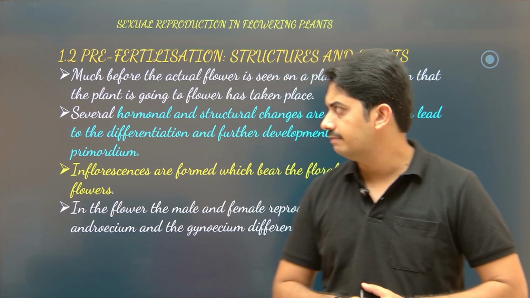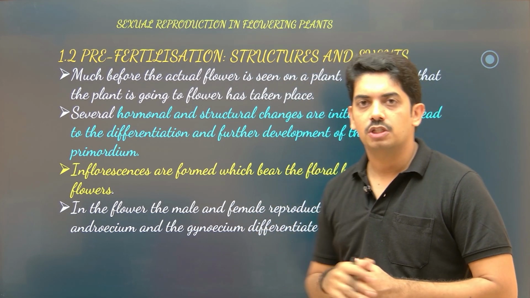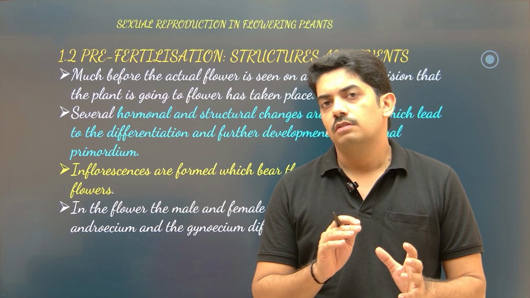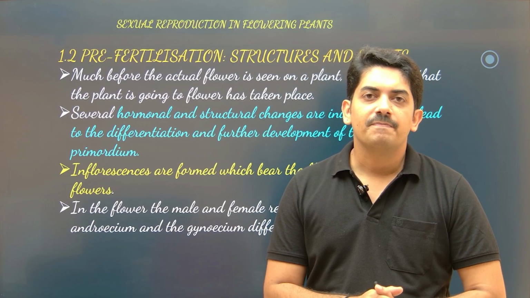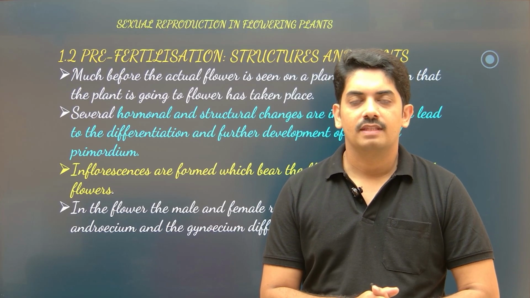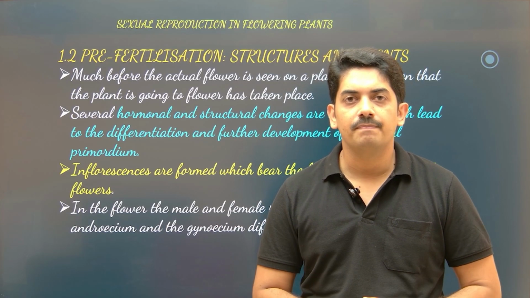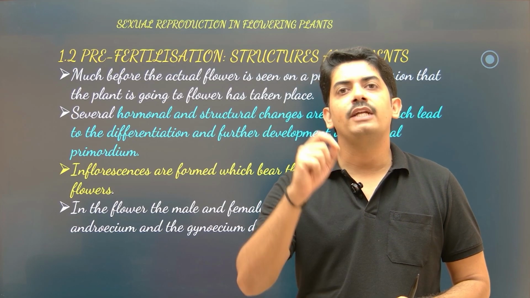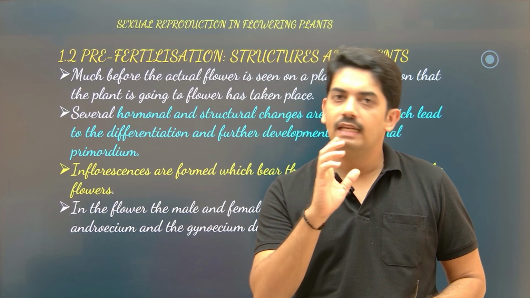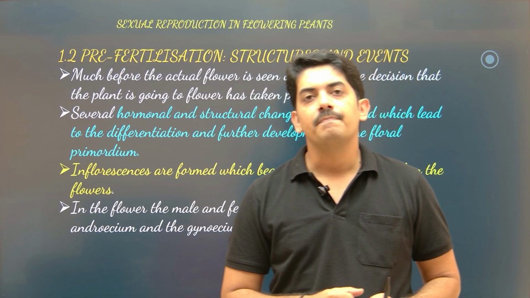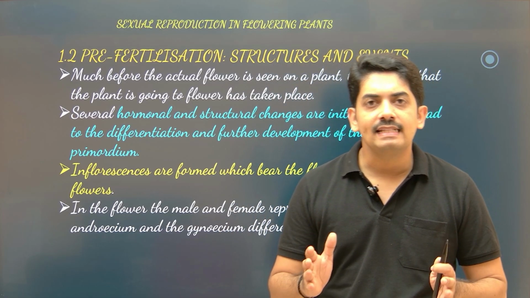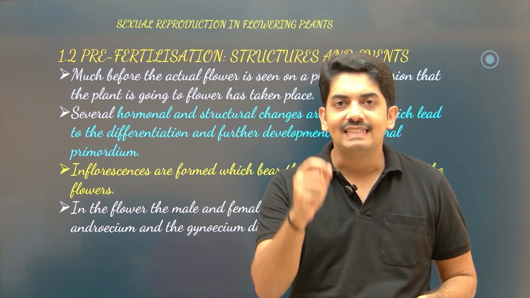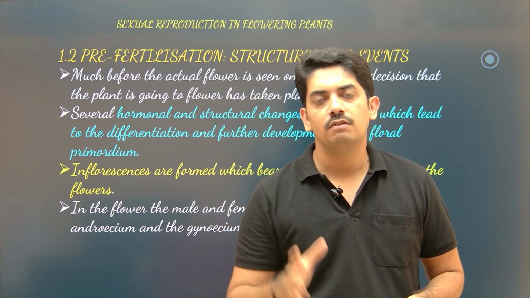So let us start with the pre-fertilization structures and events. Hope you have a little idea about the floral primordium. You know what is leaf primordium? The part of the shoot which has the destiny to become a leaf is called leaf primordium. Similarly, once the plant attains certain maturity, the plant will decide this part will become a flower.